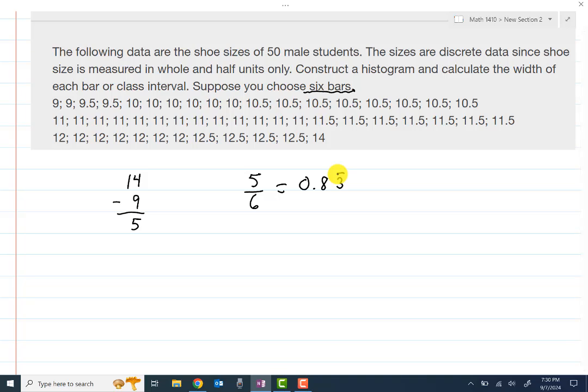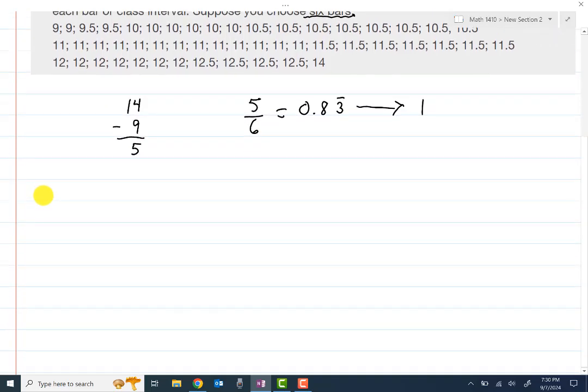And choosing a number that's unusual like this is not going to be very helpful for us. So if it's under 1 like this, let's round it up to 1. Then next, if you'll notice, some of the data has 1 decimal point.